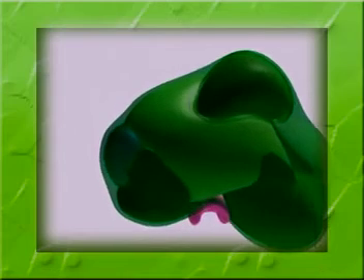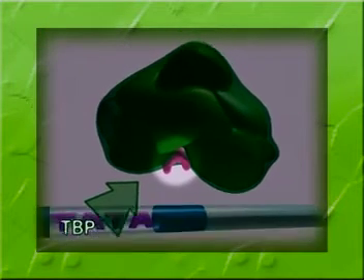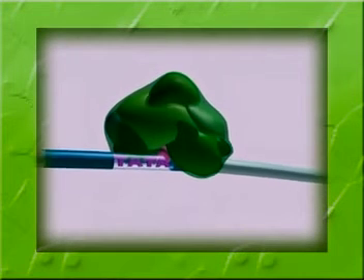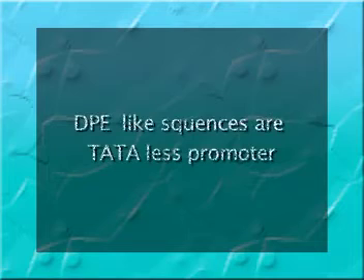It is present in many but not all promoters and is bound by transcription factor 2D but not by TBP, the TATA box binding protein. In addition, nearly all the promoters that have been found to contain DPE-like sequences are TATA-less promoters.